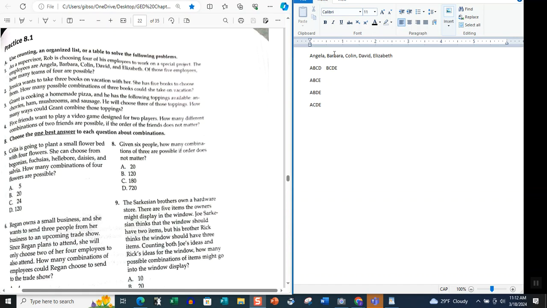Then I went Angela, Barbara, Colin, Elizabeth. Then Angela, Barbara, David, Elizabeth. Then Angela, Colin, David, Elizabeth. And then finally, it'll be Barbara, Colin, David, Elizabeth. These are the only combinations that you can have.